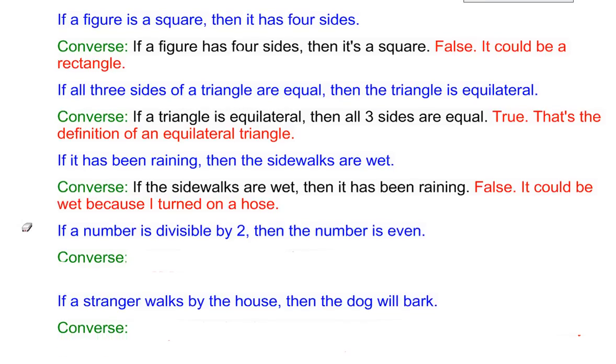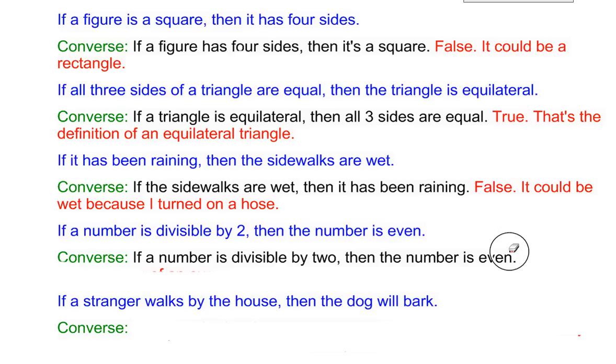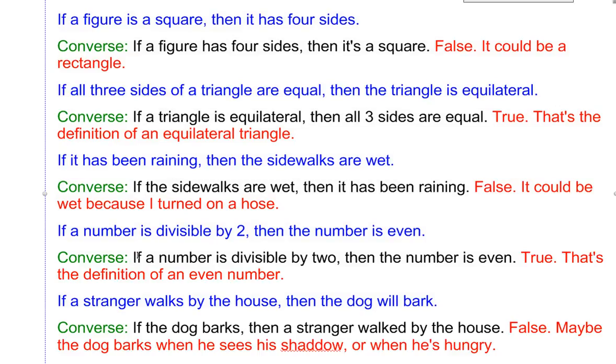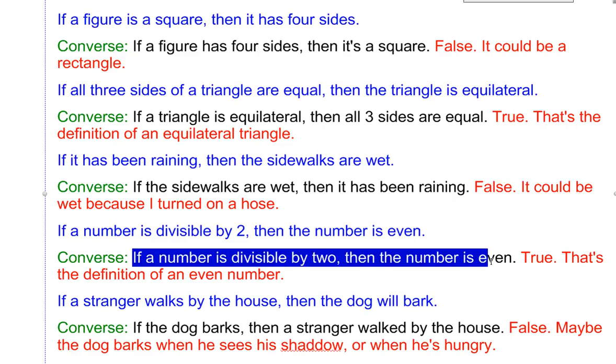Next one: if a number is divisible by 2, then the number is even. No, that is not the converse. Let's fix that right now on the fly.